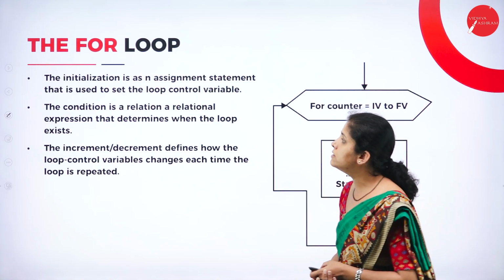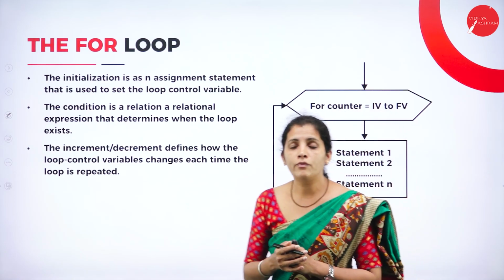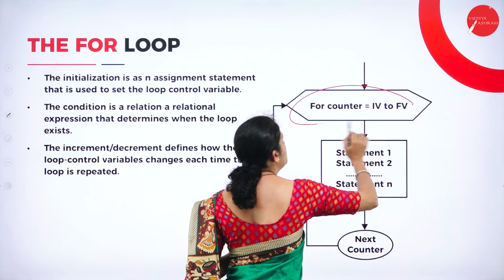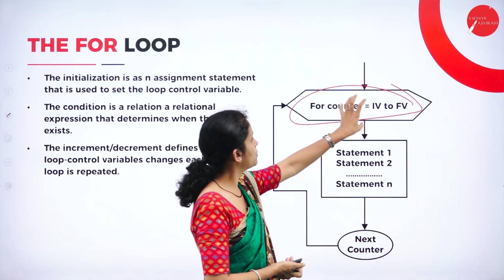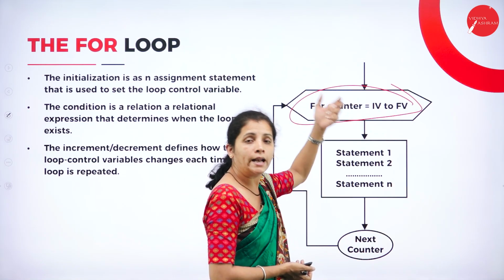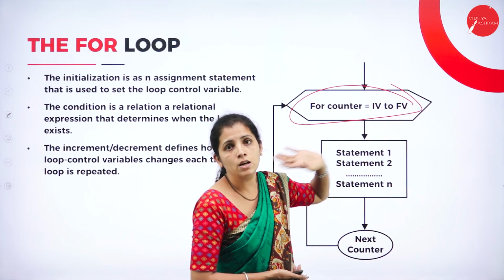Now moving further, I'm going to have the structure of for loop. Now at the beginning, I'm going to have the initial vector to final vector. So I'm going to have the counter and I'm going to initialize the vector and I'm going to vary the vector until I reach final vector.